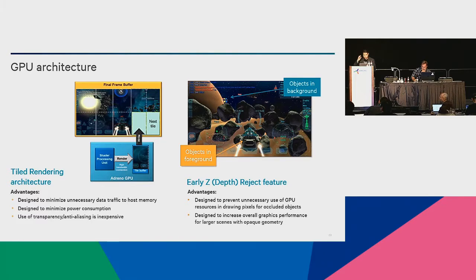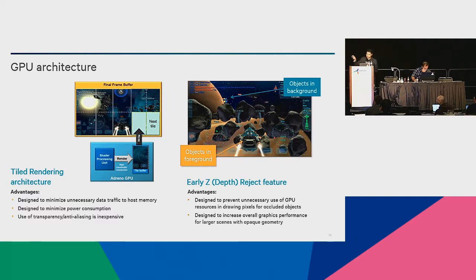Some of the GPU architecture highlights are important because when Dave starts getting into the optimization guidelines, you can relate all these back to what I'm saying here. So the Adreno 420 GPU within the Galaxy Note 4 is a tile rendering architecture GPU. What that means is instead of processing the complete frame of the game, we process it in batches or tiles. On the left side, you see the whole frame and how it is divided up into small tiles.